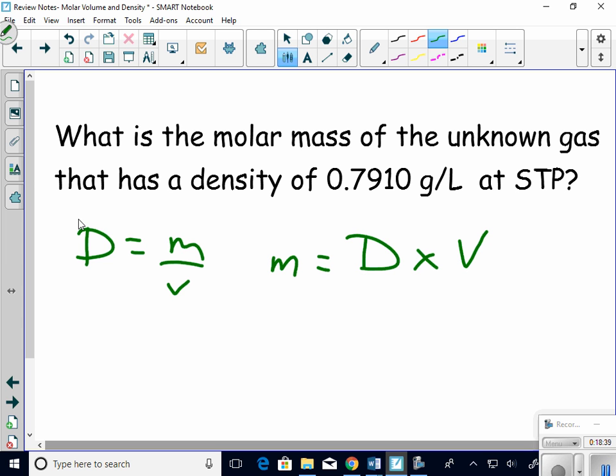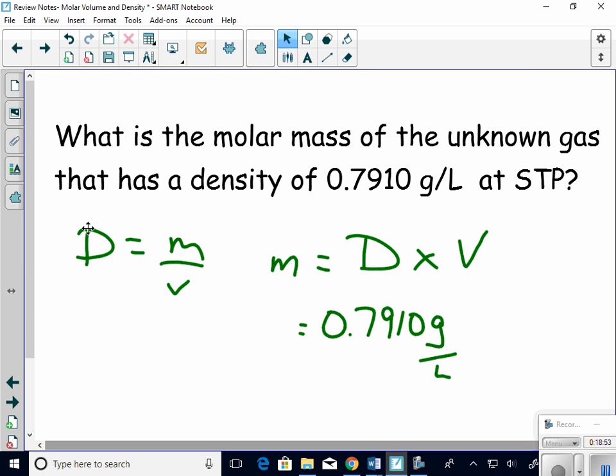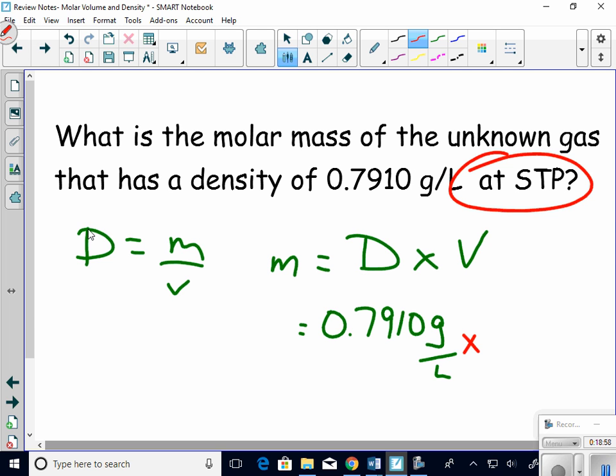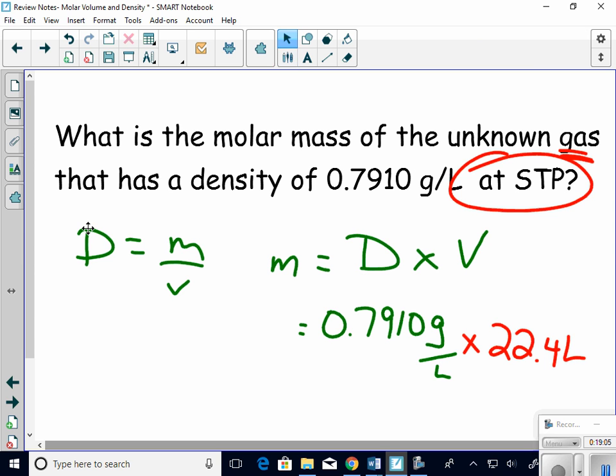Once I've manipulated my equation, I say, all right, I have a density of 0.7910 grams per liter. I have a volume because we are at STP, and I have a gas, 22.4 liters.